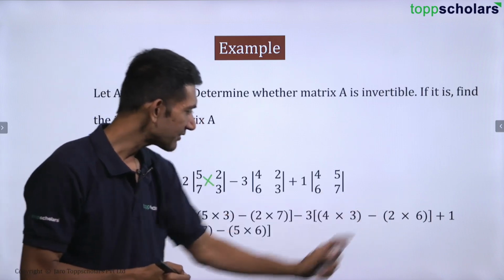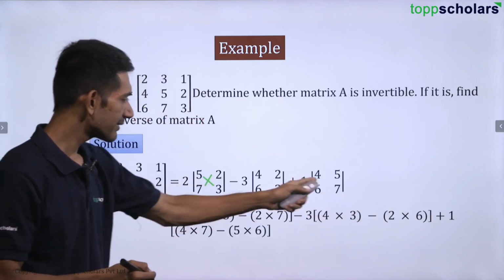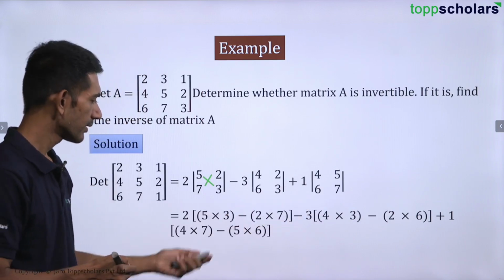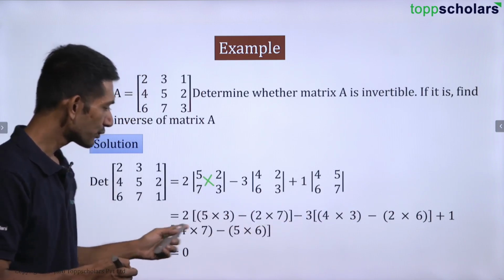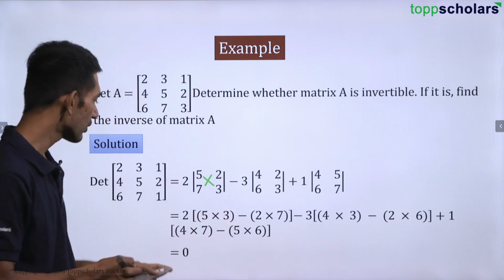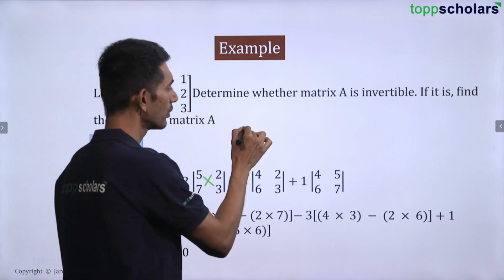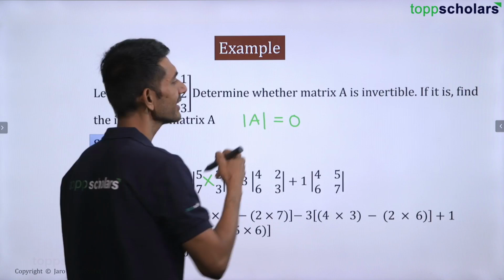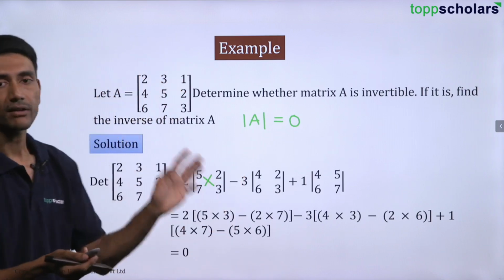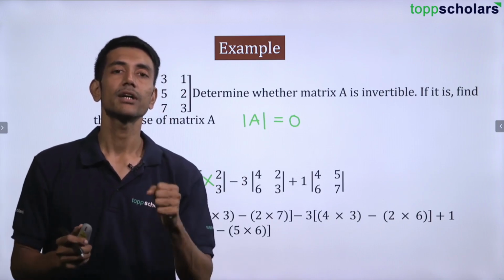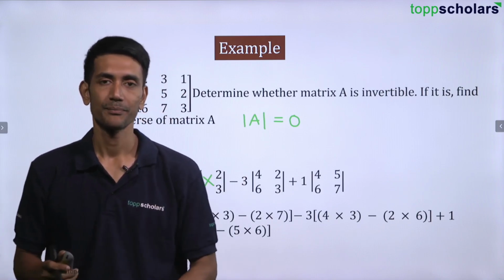And then plus 1 as it is, 4 multiplied by 7 minus 5 multiplied by 6. That's it. So if you solve this further, you get the answer as 0. And your answer is 0, that is the determinant is 0. So we can say that the given matrix is not invertible. That means we cannot find out the inverse of this matrix.